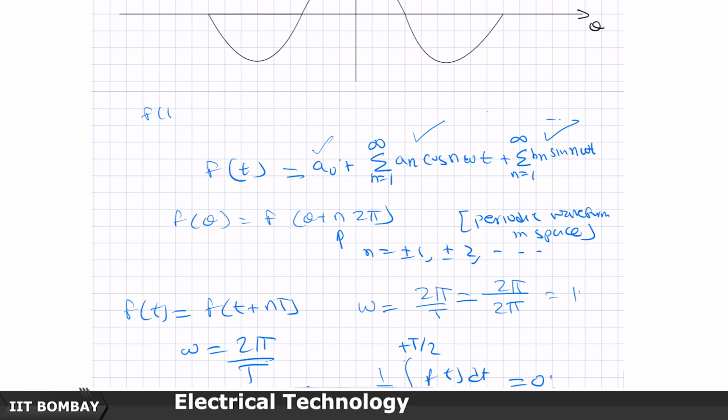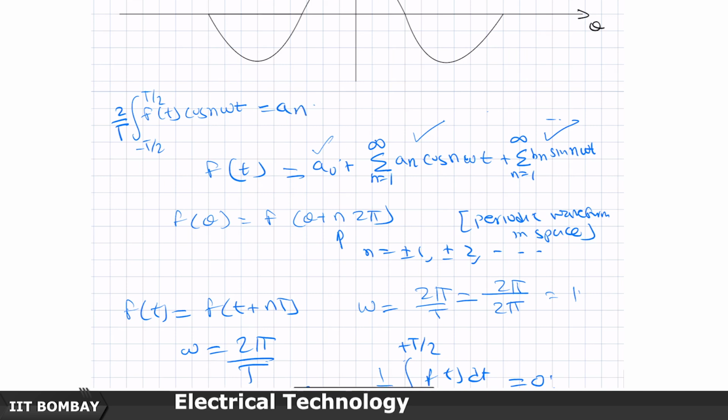So, f of t cos n omega t, you integrate it from minus t by 2 to plus t by 2, and then multiply by 2 by t, and that will give you a n.